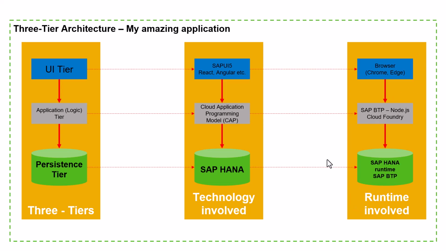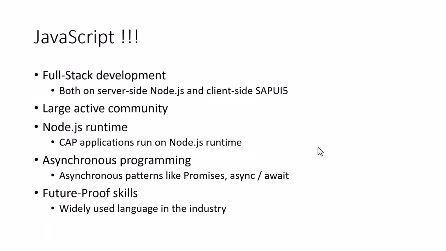Now, when we develop applications using CAP, the CAP application developer needs to be pretty proficient in all these three tiers. So you typically become a full stack application developer. You would need to have some knowledge on how to build a web application. You need to be very proficient with building the middleware or data services layer. And you also need to be proficient with data modeling.